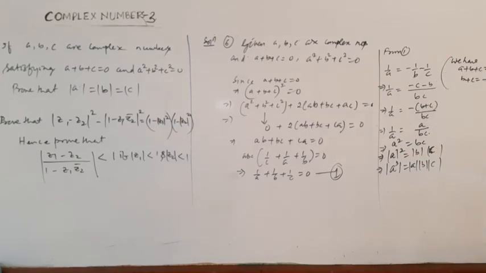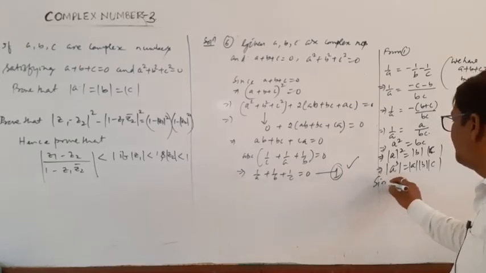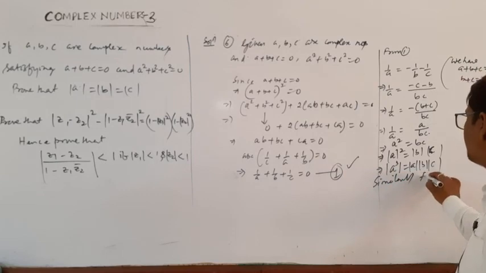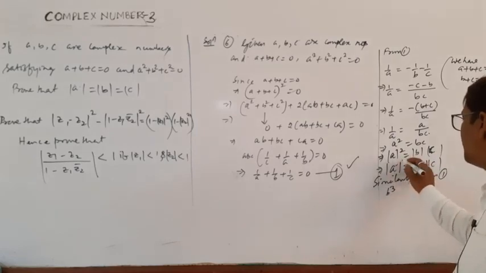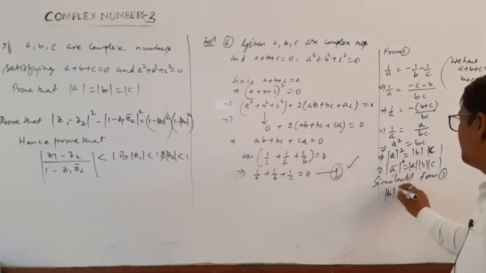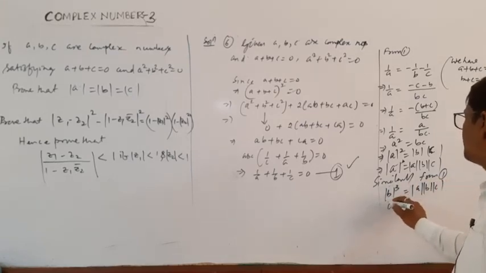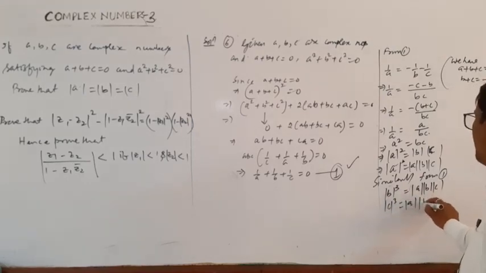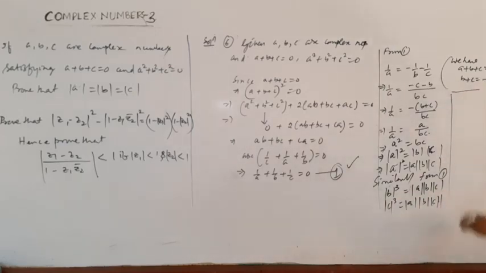Similarly, from equation 1, taking 1 by B. Similarly, from equation 1, mod B cube is equal to mod A mod B mod C, and mod C cube is equal to mod A mod B mod C. So mod A cube is equal to mod B cube is equal to mod C cube.